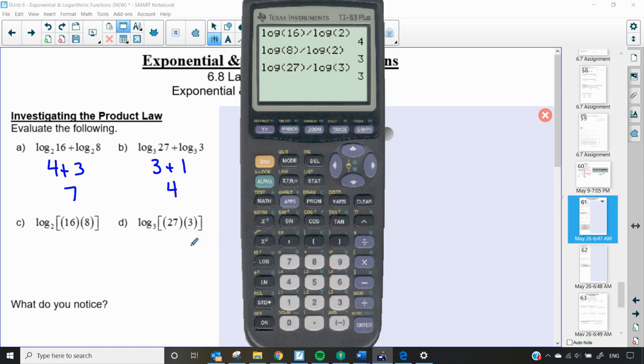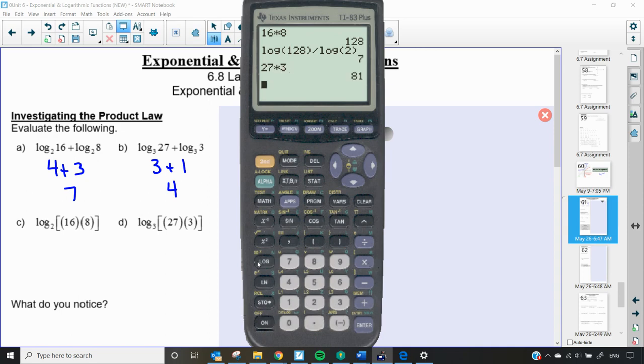Now, taking a look at the next 2 questions here, we have log base 2 of 16 times 8. Well, let's start off with 16 times 8. 16 times 8 is 128. So we're going to go log of 128 divided by log of 2. And that gives us 7. And then 27 times 3 is 81, but we can double check that here.